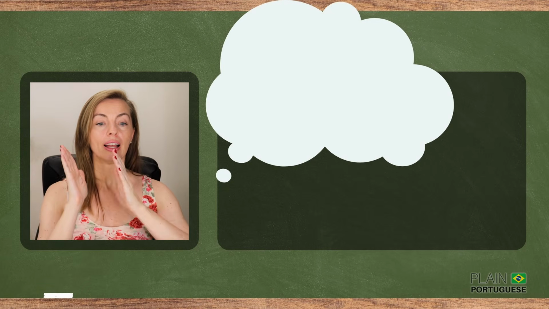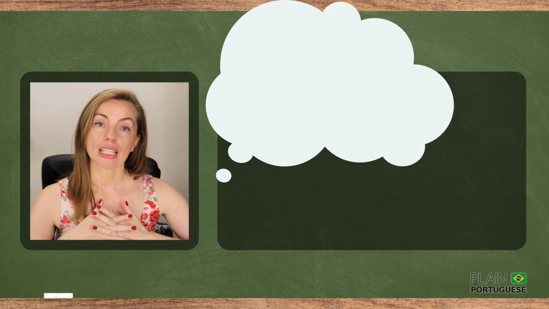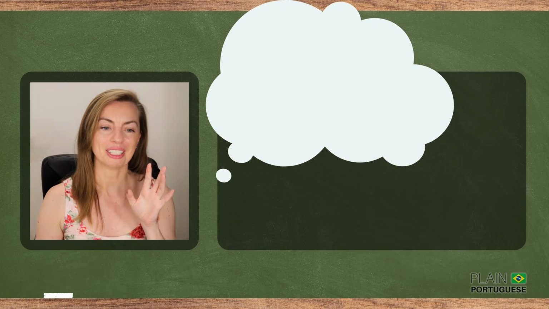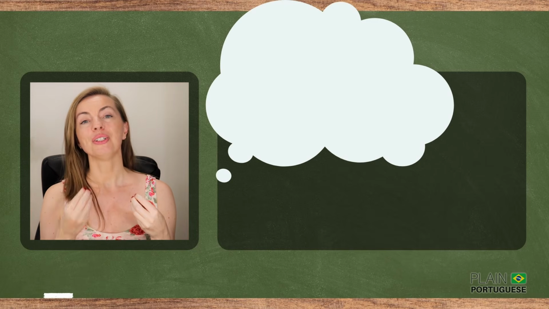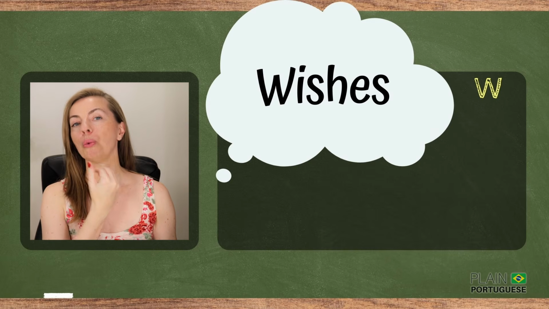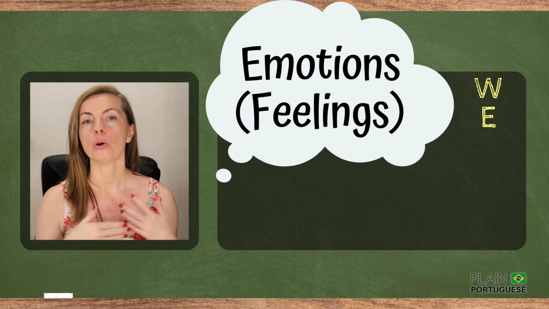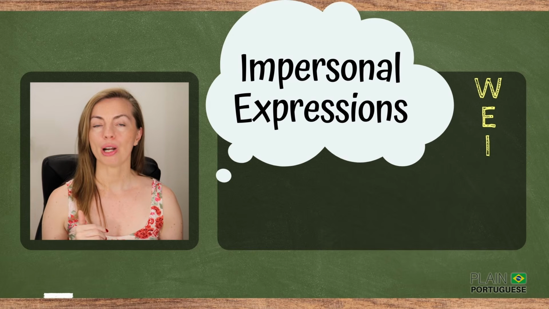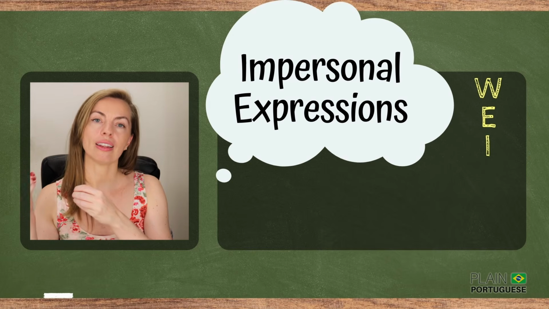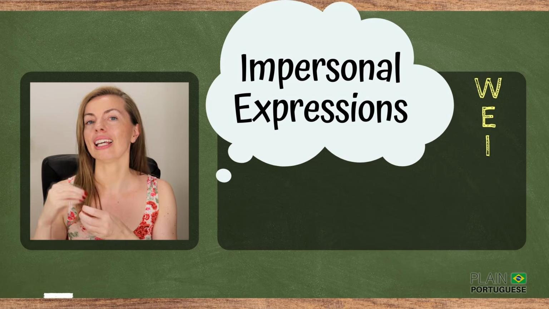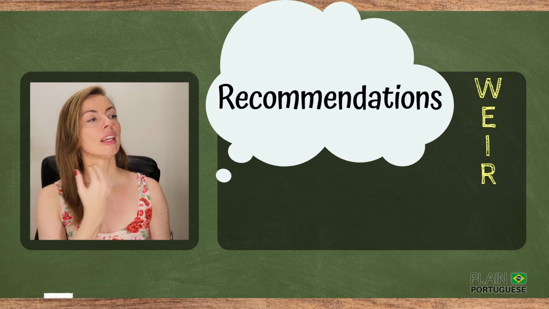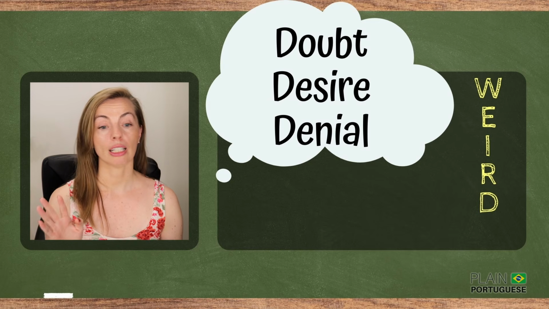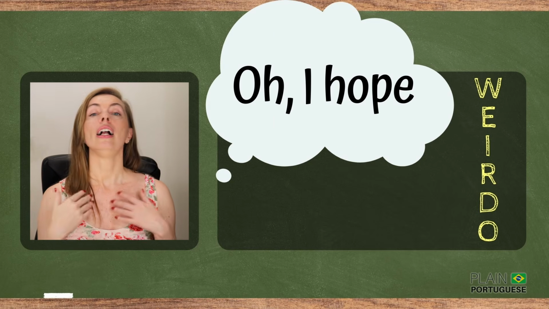Well, the present subjunctive and the imperfect subjunctive, as you have already learned, are used to express wishes, emotions and feelings, impersonal expressions such as it's important that, it's good that, it's necessary that, recommendations, doubt, desire, denial, and hopes.